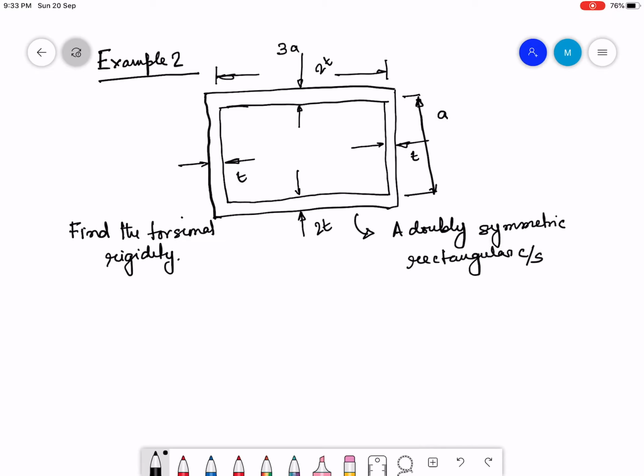This is a closed cross section. One edge length is 3a, the other is a, the midline length. What we have to do is find out the torsional rigidity of the cross section. This is a rather easier problem, not a very lengthy problem.